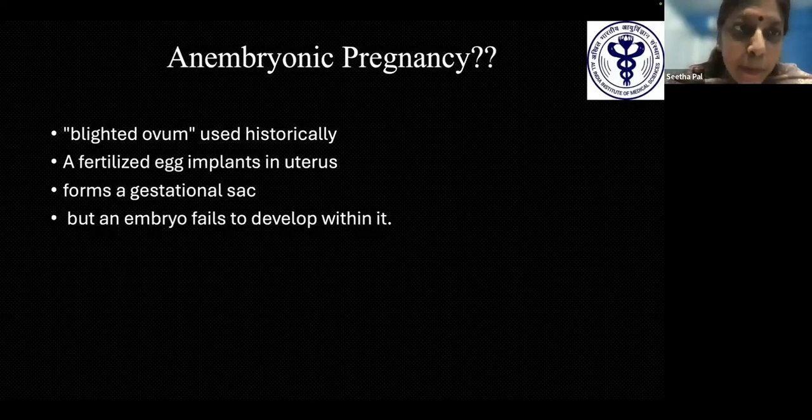Even insurance people wouldn't accept terms like abortion, and there's no fault of the patient if you write loosely as an abortion. So that also creates a problem. So these terminologies, like blighted ovum or abortion, should no longer be used. Typically early pregnancy loss, and depending on whether there is an embryo or not, we can use anembryonic pregnancy as well.